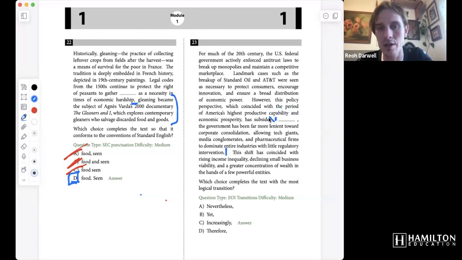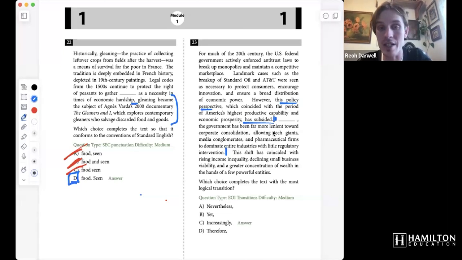So the claim made in the previous sentence is that the policy perspective of antitrust activity has gone away. Unfortunately, according to this passage. So we then exemplify that.